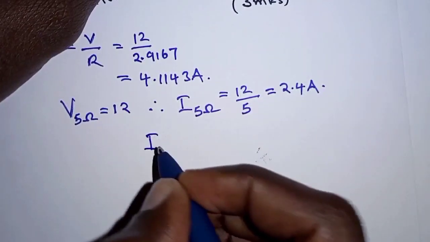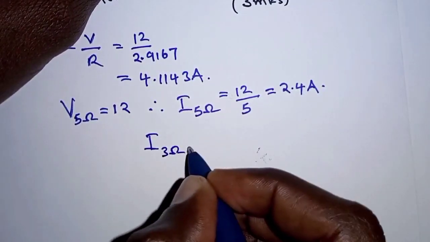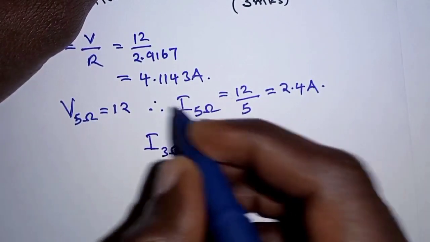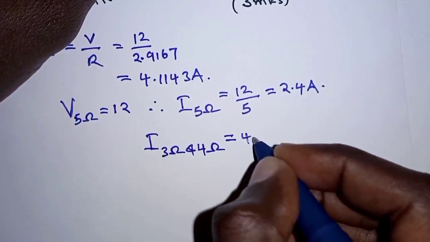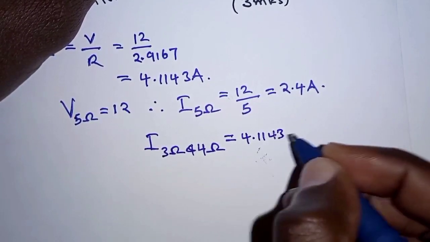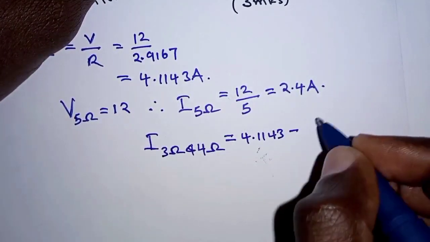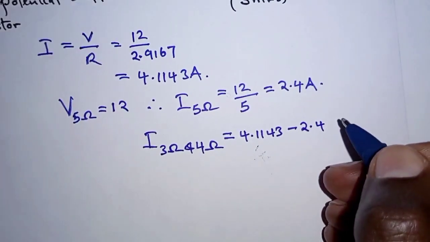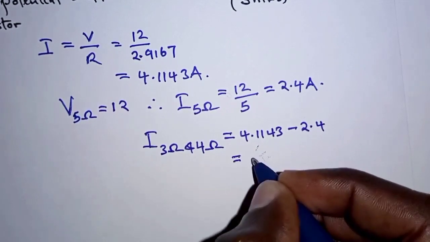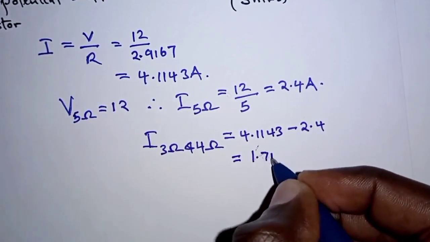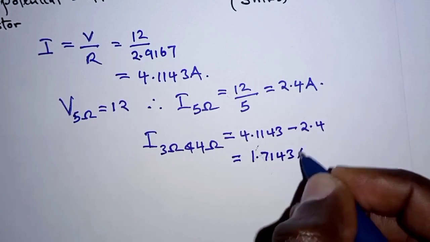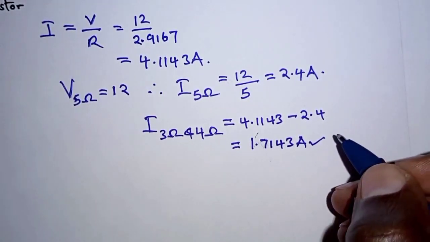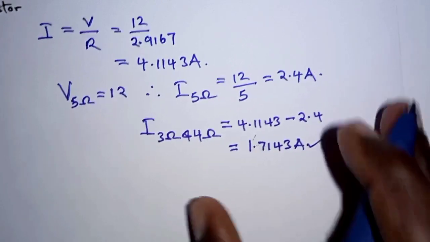So the current through the 3 ohm resistor and the 4 ohm resistor is given as the total current 4.1143 minus the current through 5 ohm resistor, which is 2.4 amperes. This is 1.7143 amperes.